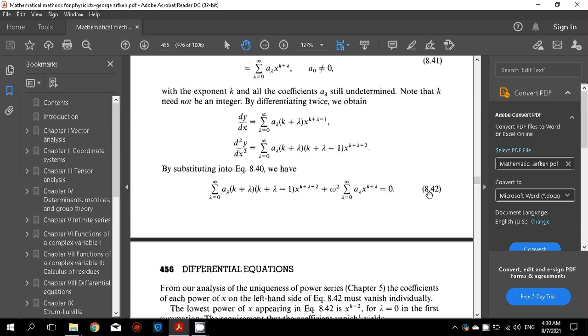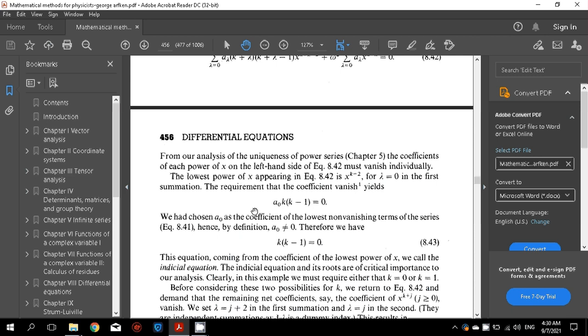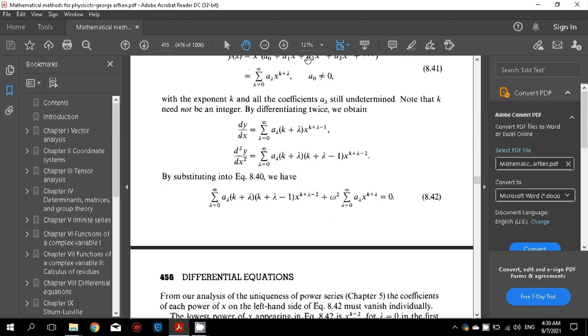Equation 8.42 is the result of substituting the series of y in our differential equation. Then we will compare the coefficients of the same powers of x. As a first step, we will compare the coefficients of the minimum power of x.